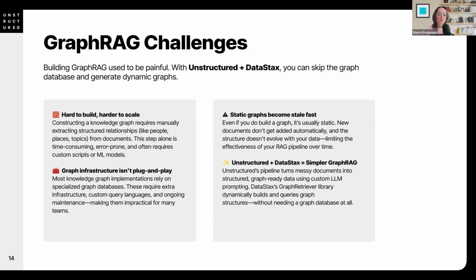This step alone is time-consuming, can be error-prone, and often requires custom scripts. On top of that, you need specific graph infrastructure and specialized graph databases. They require custom query languages and so on.